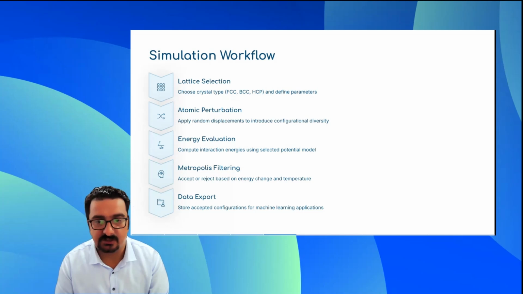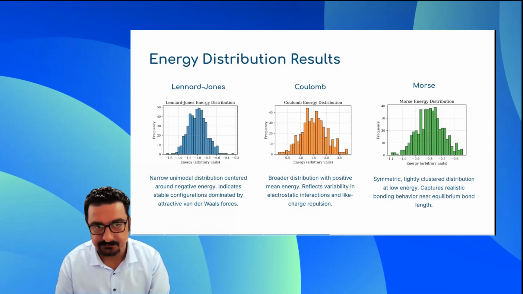It ensures thermodynamic consistency and filters out unrealistic structures. Finally, in the data export phase, we store the accepted configurations. These datasets are then ready for use in machine learning tasks, such as energy prediction, phase classification, or structural optimization. This workflow ensures that the synthetic data we generate is both physically meaningful and statistically diverse.